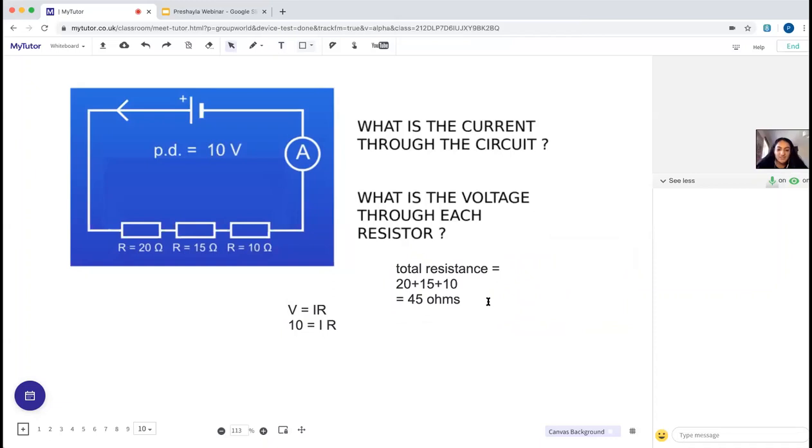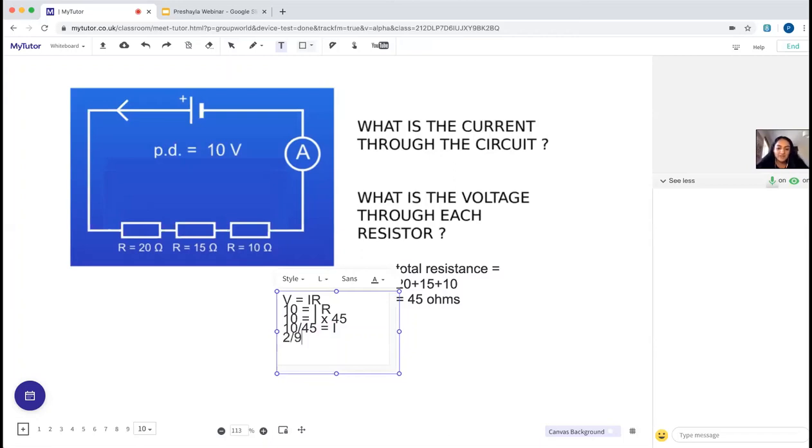So the total resistance is 45 ohms, and then we can use that in V equals IR. Now we know that 10 equals I times R, and now we can replace R with 45. So 10 equals I times 45. So we can divide both sides by 45 so that we get 10 divided by 45 equals I. And if you type in 10 divided by 45 onto the calculator, you should get 2 over 9.